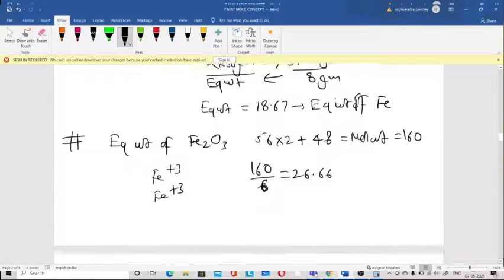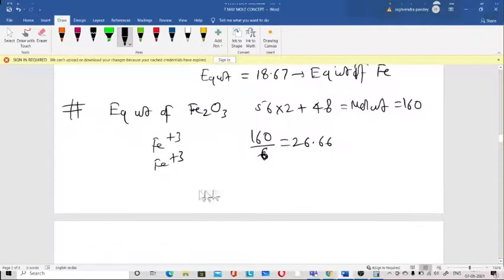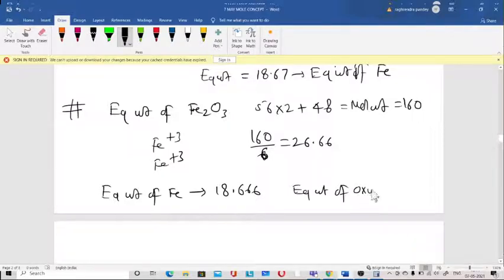What is the equivalent weight of iron in this Fe2O3? It is 18.66666. The equivalent weight of oxygen is 8.